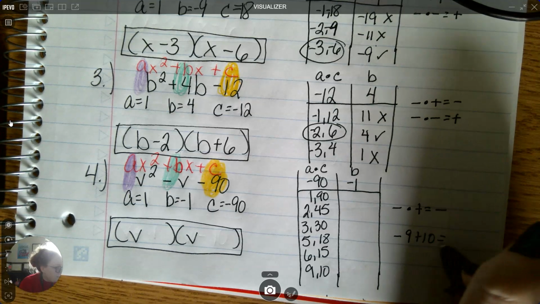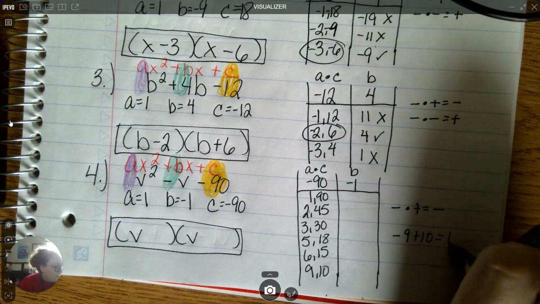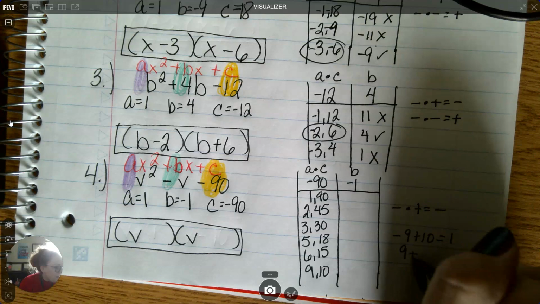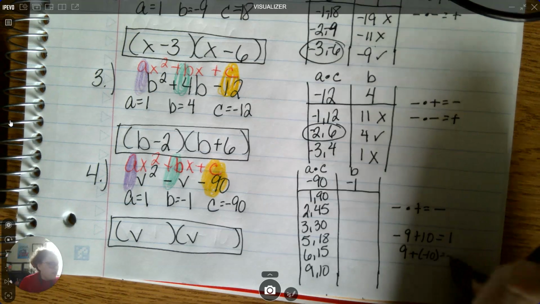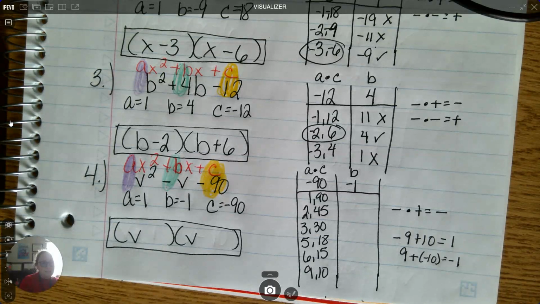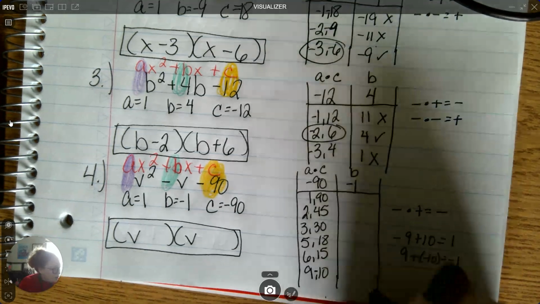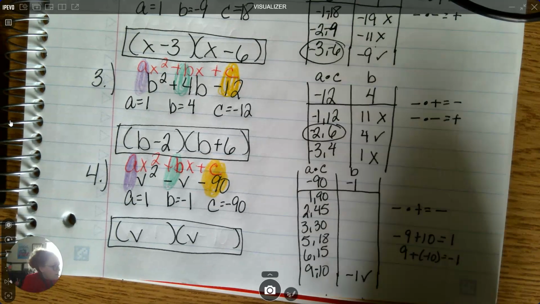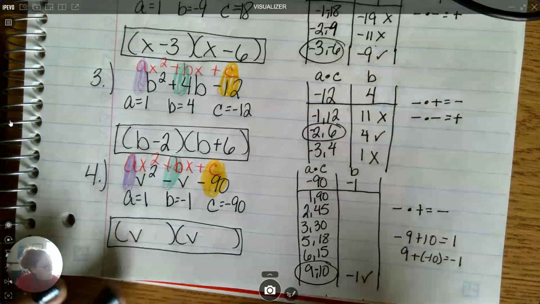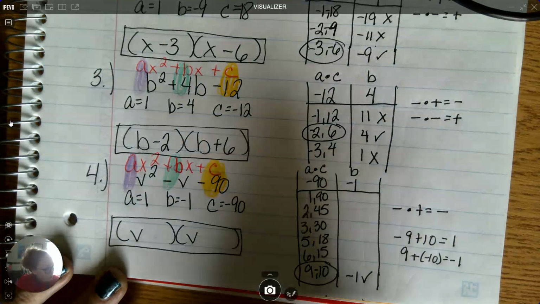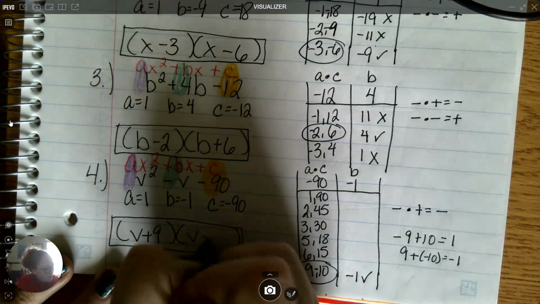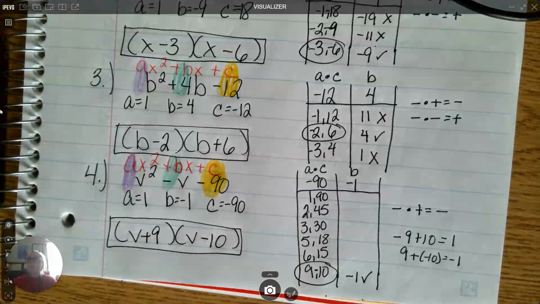Negative 9 plus 10 is 1, and 9 plus a negative 10 is negative 1. So you can always go off to the side and test those or plug them into your calculator to check it, but as we see, our 10 needs to be the negative. That gives me my negative 1. Therefore, my two terms are a positive 9 and a negative 10. And that's it. So we're going to be practicing a lot with our integer rules and our factors.